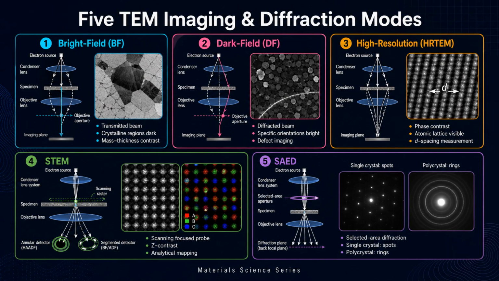STEM is also the basis for analytical techniques like energy-dispersive X-ray spectroscopy for elemental mapping. Selected area electron diffraction, SAED, produces diffraction patterns from specific regions, distinguishing single crystals from polycrystalline samples.